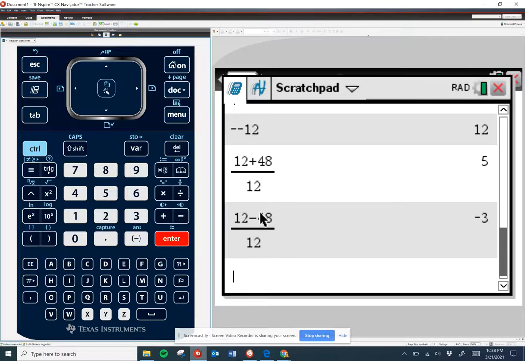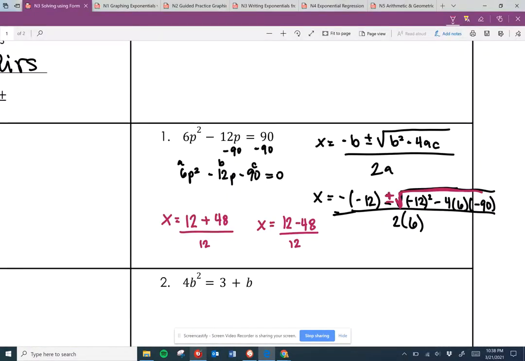So our two solutions are 5 and -3. This one is 5, 0. Sorry, my stylus is kind of dying. And this one is -3, 0.